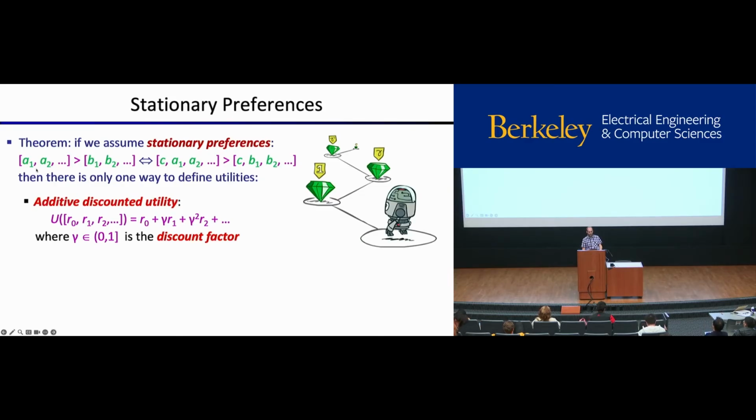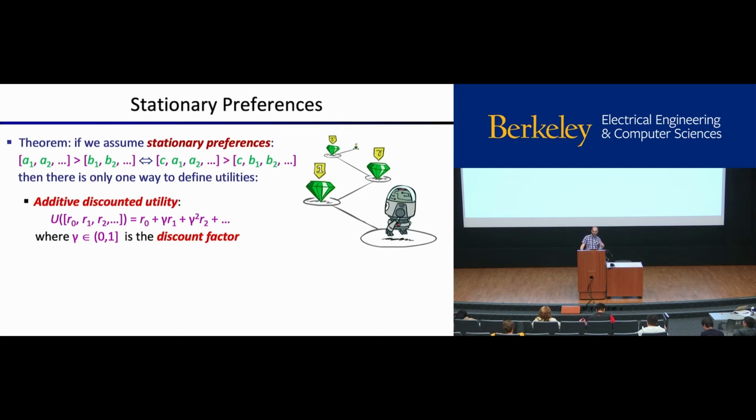Let me say that again. Here's one sequence of prizes, A1, A2, and so on. Here's another, B1, B2, and so on. If you prefer the sequence of A's to the sequence of B's, then you should also prefer C followed by the sequence of A's to C followed by the sequence of B's. This is the same C. That's an assumption you might make about what are some constraints on rational preferences over sequences of prizes. Any questions about that assumption?